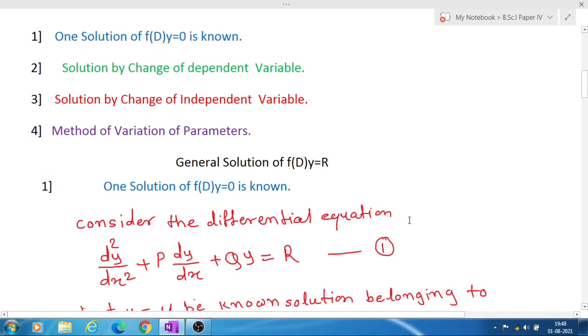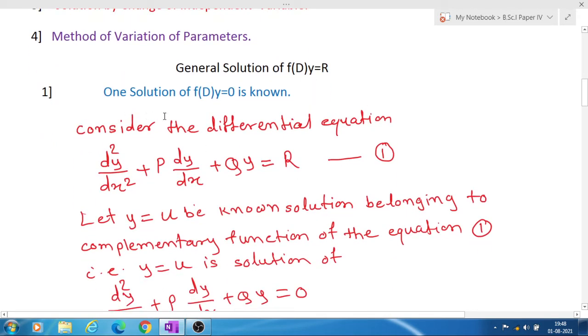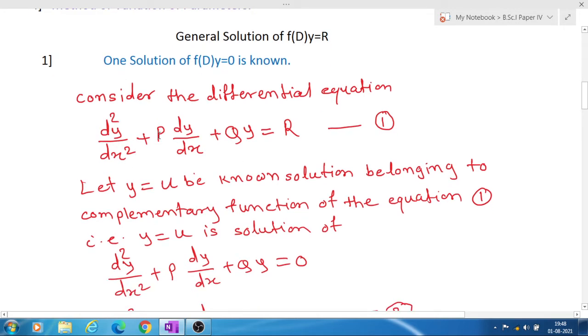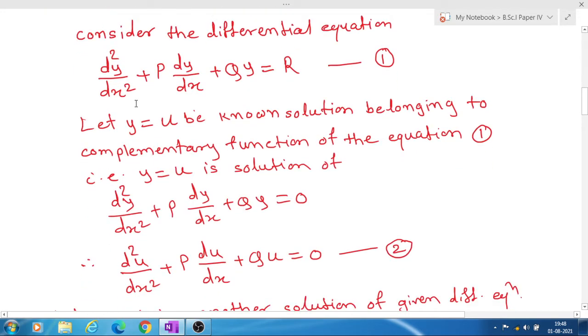Let us see the first method, that is one solution of f(D)y is equal to 0 is known. So let us consider that the solution of f(D)y is equal to 0 is known. Our differential equation is d2y by dx square plus p into dy by dx plus q into y is equal to r.